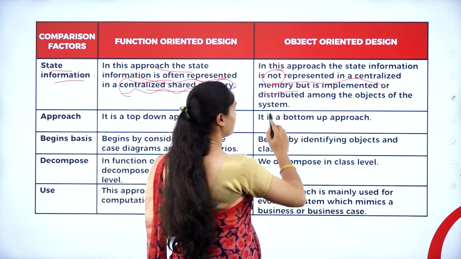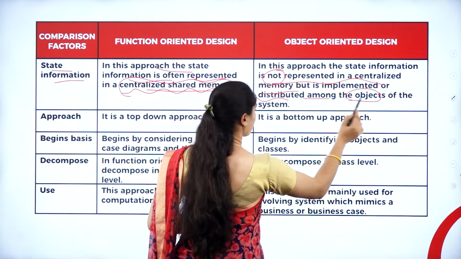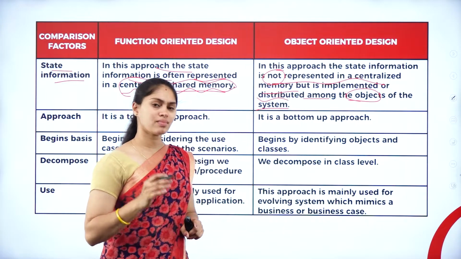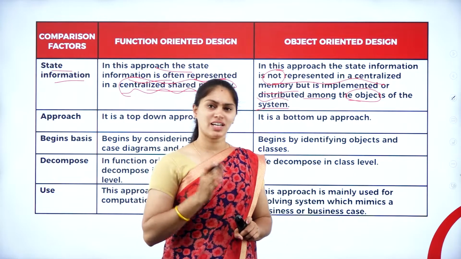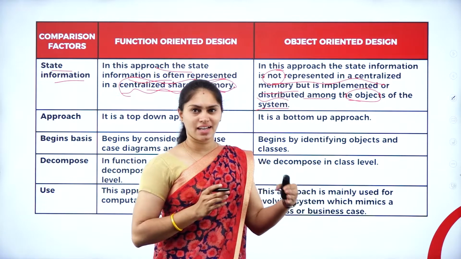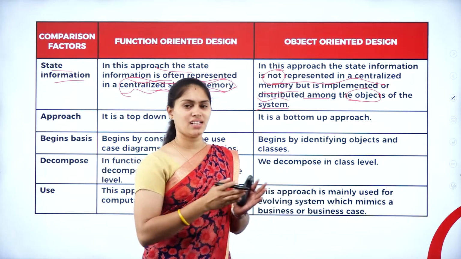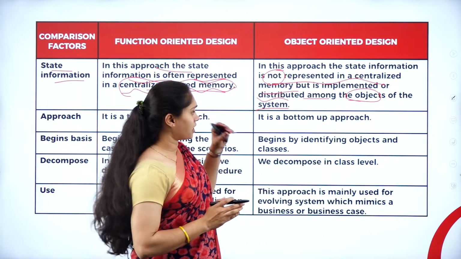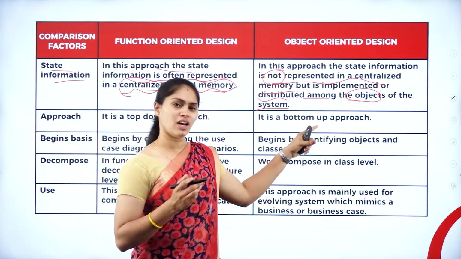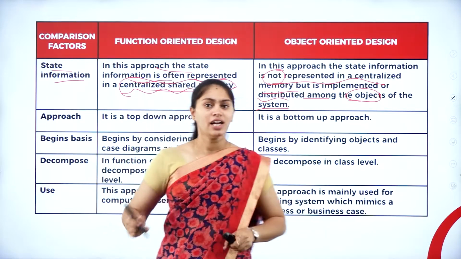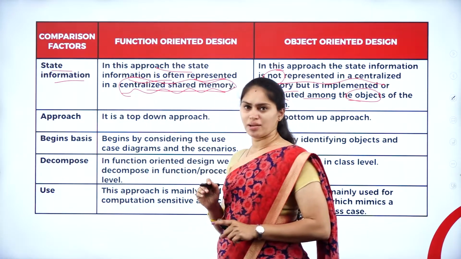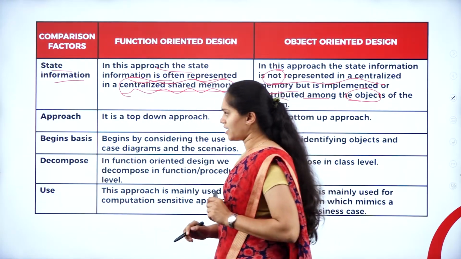It is implemented or distributed among the objects of the system. So the state in which the design is performing will be specified by the object itself, but here it is stored in the centralized shared memory.